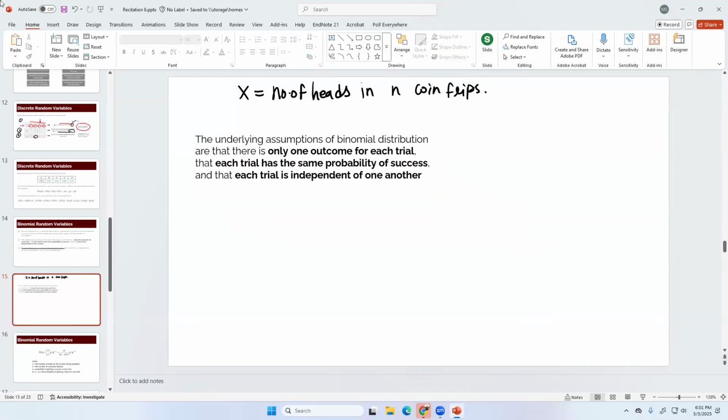So when you have this condition holding, then and only then can you use a binomial distribution. Okay. So one of the conditions is only one outcome for each trial. The underlying assumption of the binomial distribution is that there is only one outcome. No, there needs to be two. Forget about this.